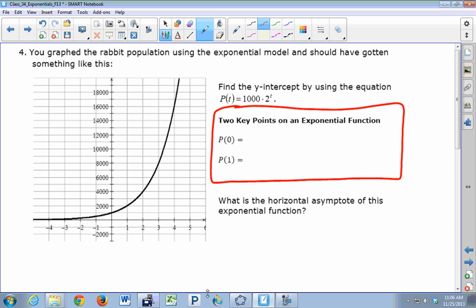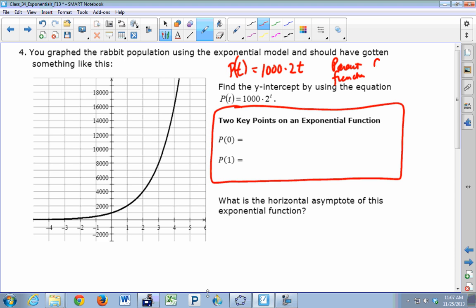So anytime you look at any exponential function and you're trying to get a sense of what its equation is, these are 2 key points to look at. This particular function, if I tell you that P of t is a transformation of its parent function, let's say the parent function looks like this.